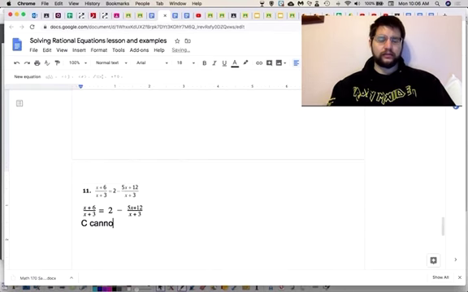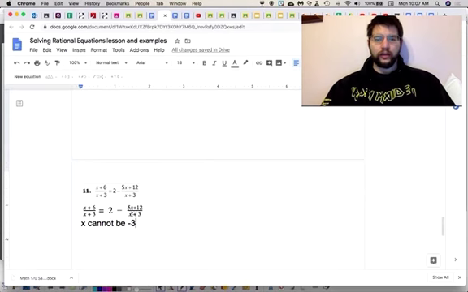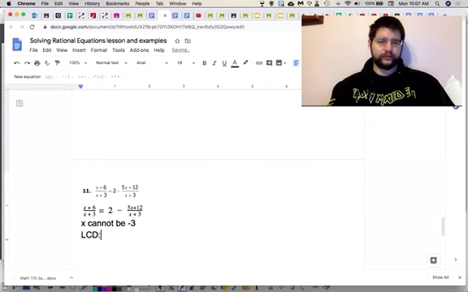X cannot be negative 3. What makes it 0 in the denominator? Negative 3. Already got it. LCD, x plus 3.